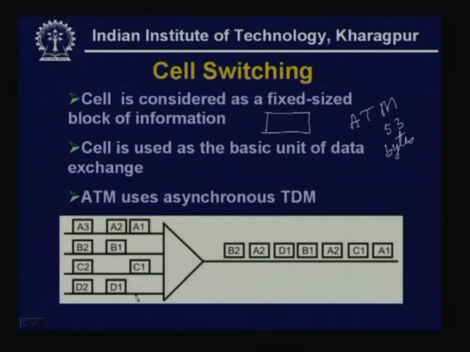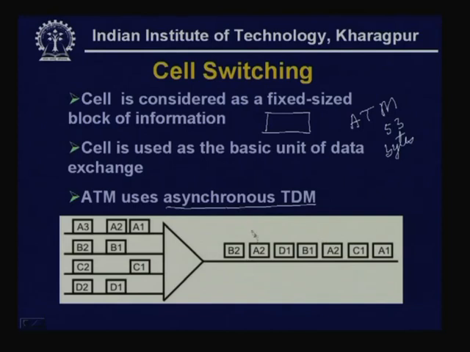Here we see the various cells coming from different sources, and because of asynchronous time division multiplexing, as you can see, first A1, then C1, then A2, they do not have fixed slots. As a consequence the order of the cells is different in different frames.